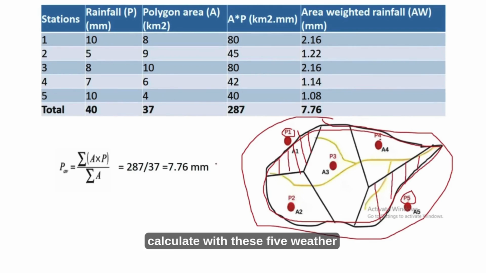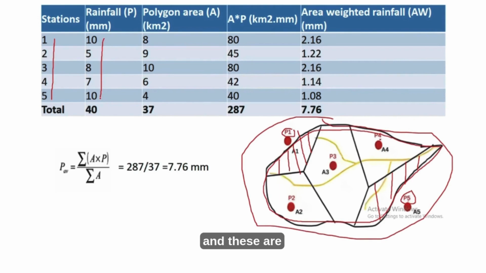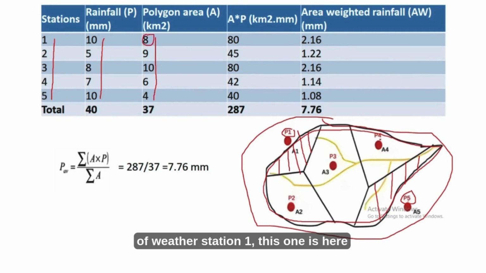So let's calculate with these 5 weather stations. There are 5 stations, and these are the rainfall of the 5 stations, and these are the areas of these 5 stations. Here 8 means the area of weather station 1.